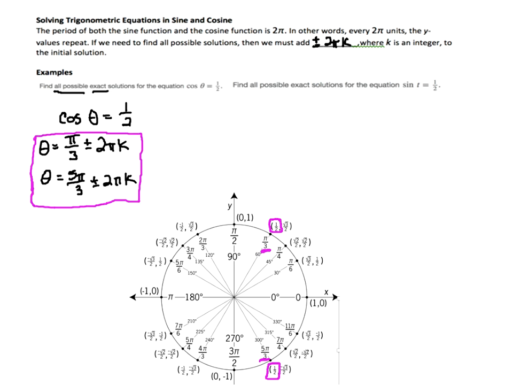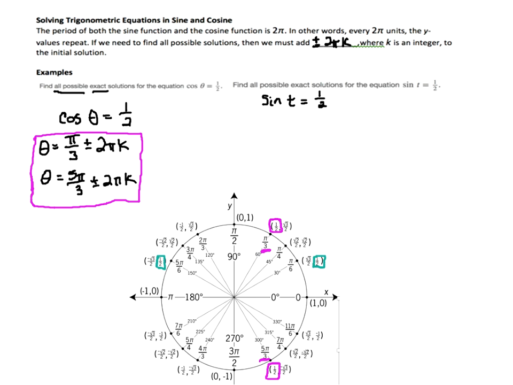Now we'll look to the right here. We start out with the sine of t equaling 1/2, and we're trying to figure out what the solutions for t are. Now we're looking at the y-coordinate that is equal to 1/2, and you can see that we have that at pi over 6 and 5 pi over 6.